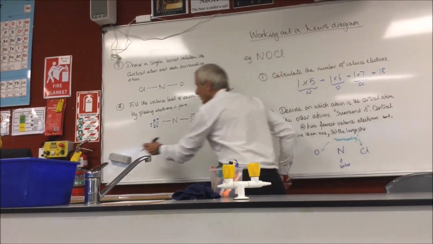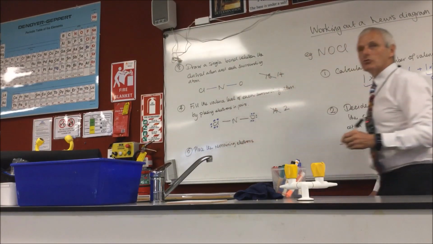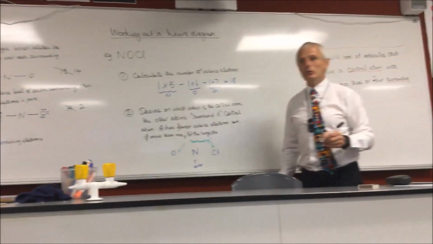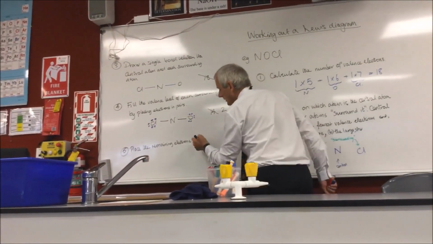Those last electrons can only go one place. Where? The central atom. They've got to go on the central atom. So you put them in pairs on the central atom.